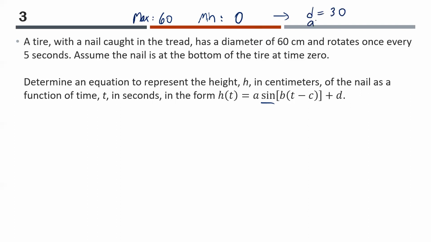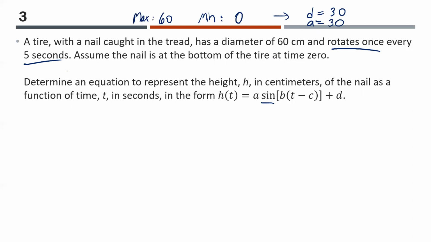And coincidentally, your a value, which can be found after you have your midline, is how much higher or below you're going from your midline. Either way, your amplitude in this case is also going to be 30. So that was an interesting situation. The next thing we could find is your b value, which remember is related to the period. Now notice the tire rotates once every 5 seconds.